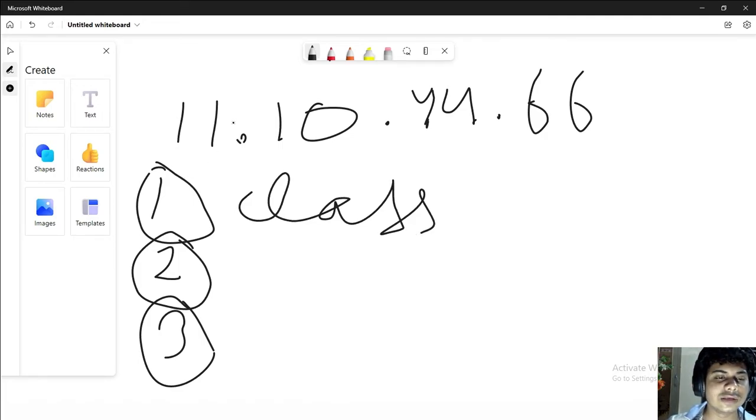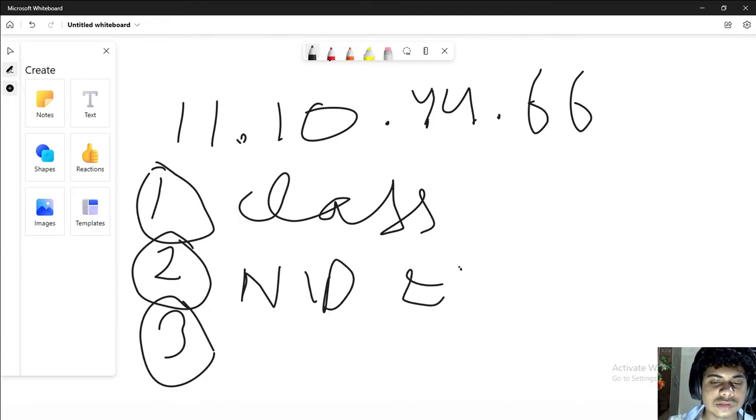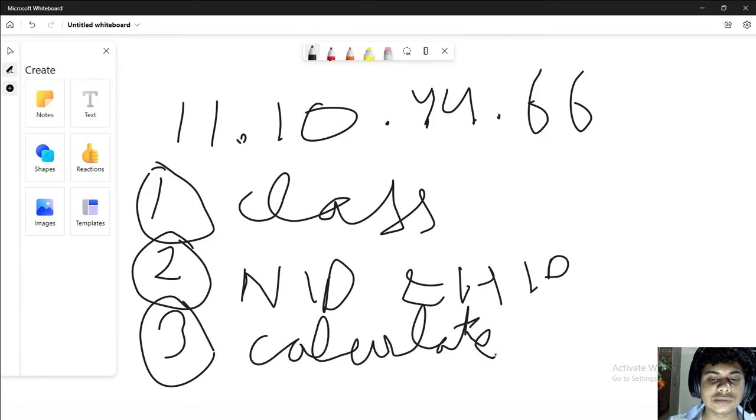The second is how many network ID and host ID it has. I am writing with my mouse, so don't judge me on this writing. The third is to calculate the bits. So these three questions you have to ask yourself. Now let's do that.